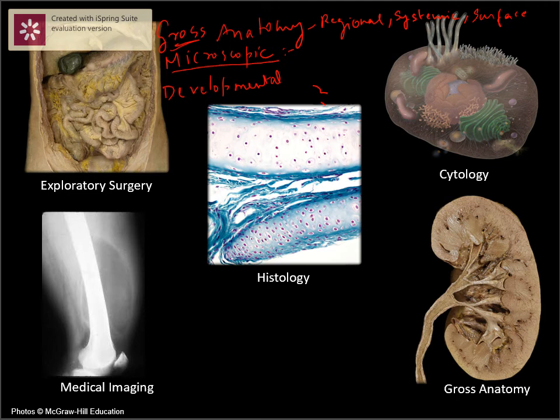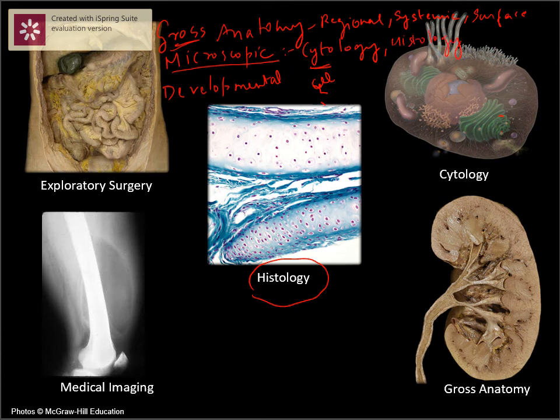Okay, so there are several branches of microscopic anatomy. The first one is cytology. Cytology is the study of body cells. Cyto means cell, so keep this in mind because we will come across this term again later in the chapter. Histology, on the other hand, is the study of body tissues.